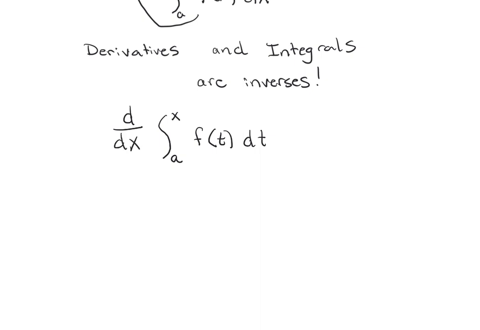Essentially, these are canceling each other out, but what we do is we take this and substitute it into the function. So this equals f of x. And that right there is essentially the first fundamental theorem of calculus. In the next slides, we're going to look at some variations of that.